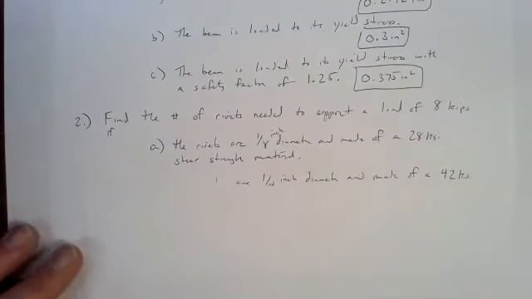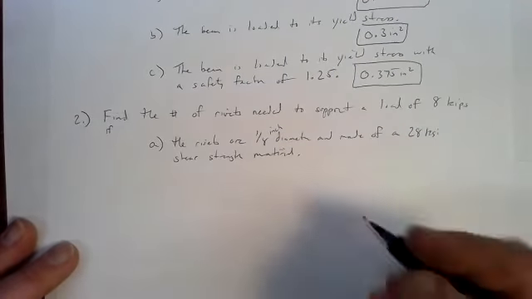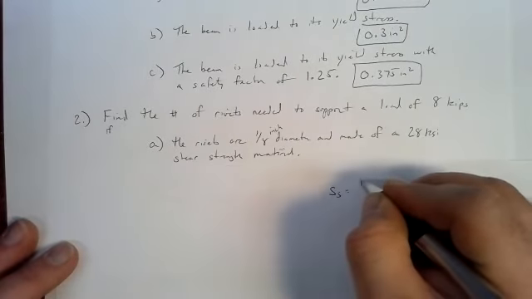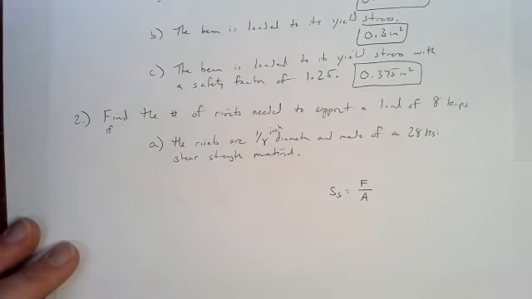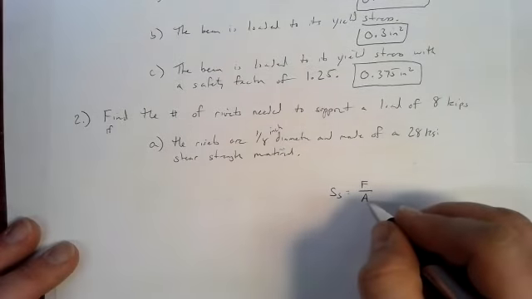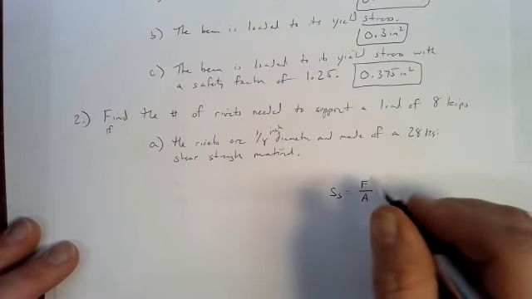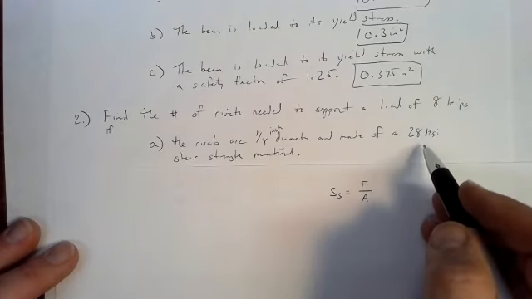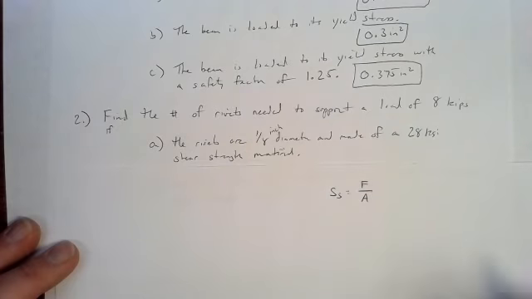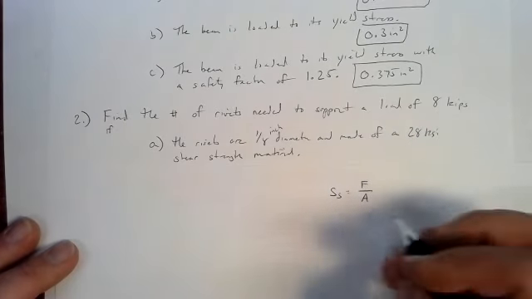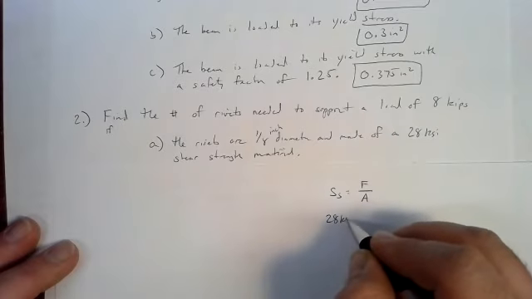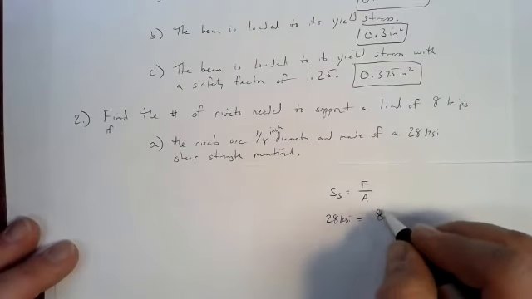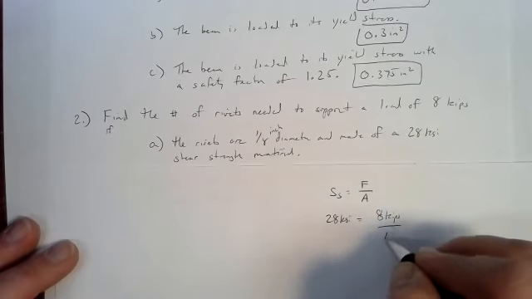So as always, go back to the fundamental equation. In this case, shear stress is force over area. Well, we want to find out how many rivets we need, which essentially is how much area we need to keep this thing from breaking. It's going to break at this shear stress of 28 KSI. So our stress is 28 KSI. We're told we have to support a load of 8 kips. So we have 28 KSI and 8 kips divided by the area.